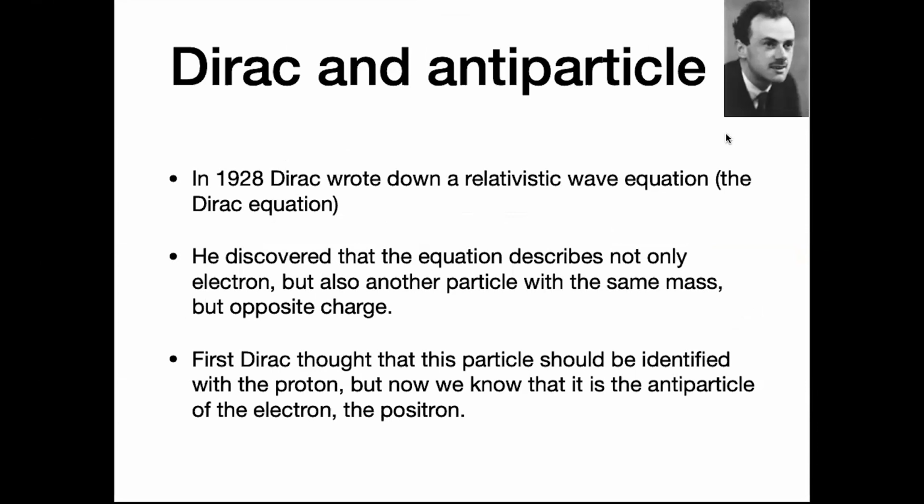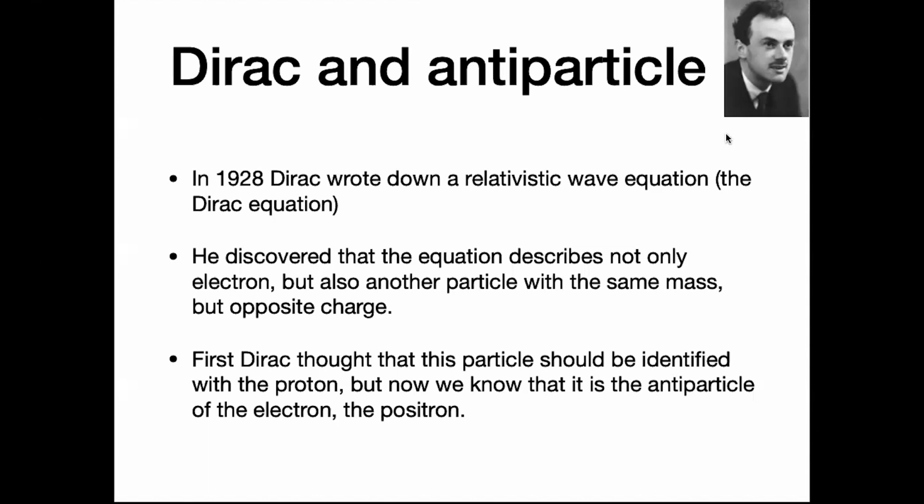In 1928, Dirac wrote down a relativistic wave equation. He was trying to generalize the Schrödinger equation into some equation that is consistent with the theory of special relativity. So he wrote down his equation, the Dirac equation.